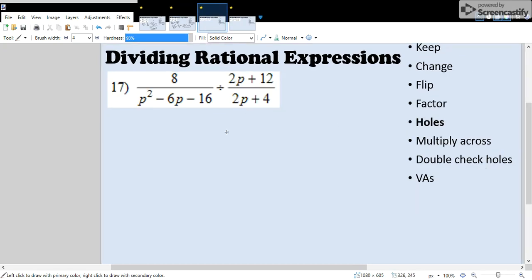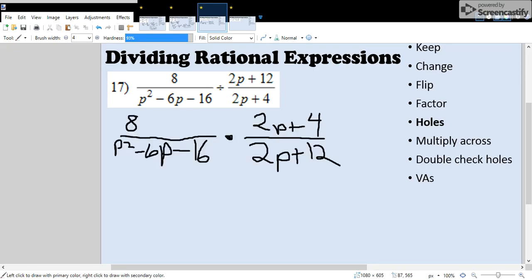Okay? Go ahead and see if you could keep, change, flip, and factor this. So pause the video and see if you could do that, either on your own or in your small groups at your tables. Okay, you've done the keep, change, and flip. Now see if you can factor anything in either of the two fractions.